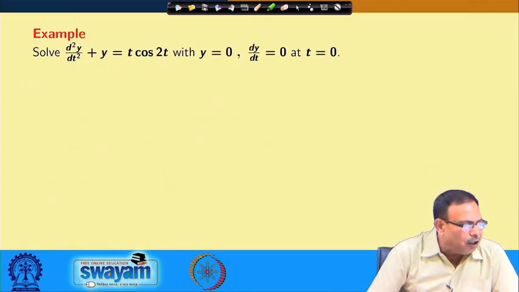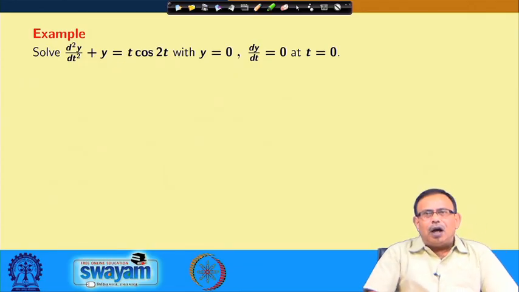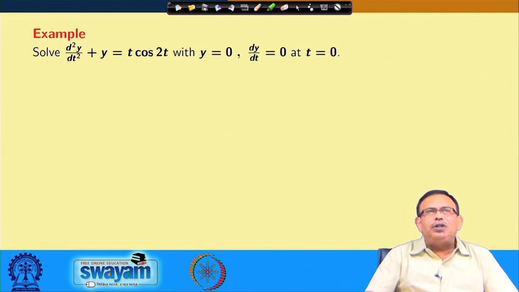Now, in the earlier problem if you see the right hand side you had the value 0. Now, I am taking another function where I am writing d2y dt square plus y equals t cos 2t with y equals 0, dy dt equals 0 at t equals 0. Means now on the right hand side you have a function of t, f of t, which is t cos t.